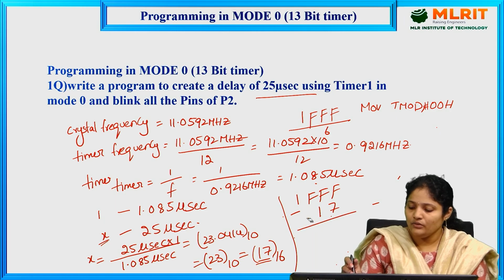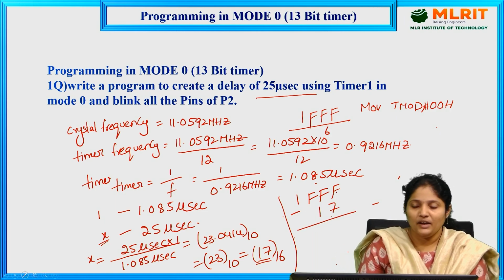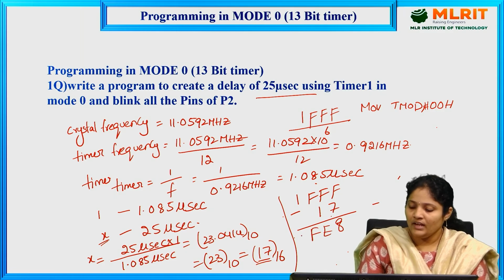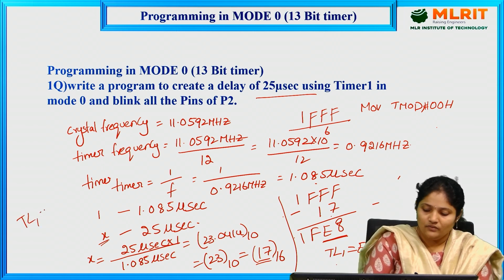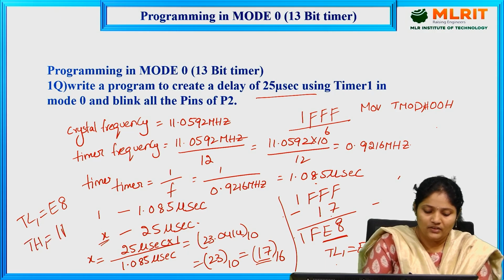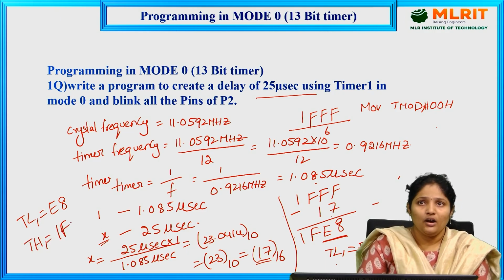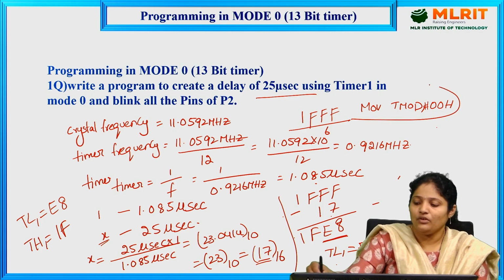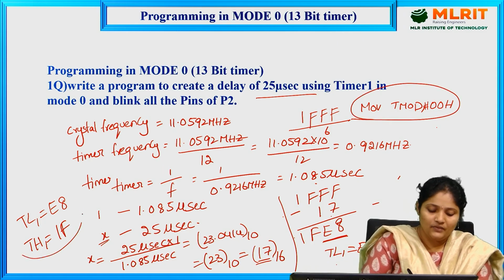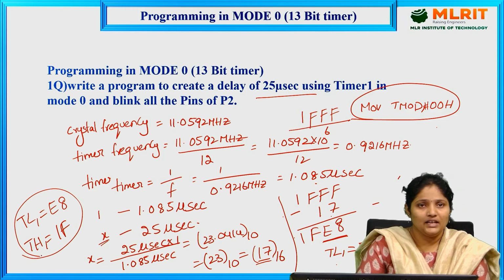Here F means 15, 15 minus 7 is 8, and F minus 1 is E. So the lower byte E8 will be loaded into TL1, and the higher byte TH1 will be loaded with 1F. So now we know the value of the TMOD register and the values of the TL and TH registers.